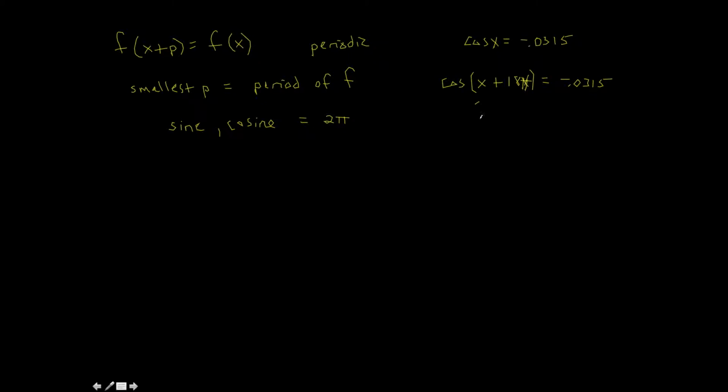What if we change this up and said minus 2 pi? Well, it doesn't matter whether you add it or subtract it. Even though you're going a different direction, it's still going around. Because the period is 2 pi, all those answers are going to be negative 0.0315.